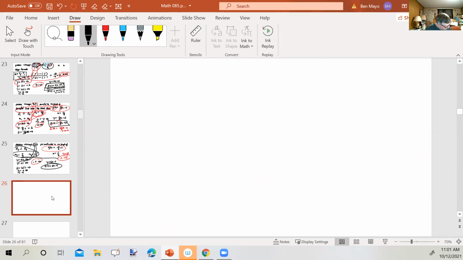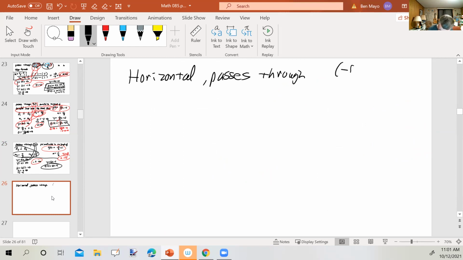Write an equation for a linear function whose graph has the given characteristics. The graph is horizontal and it passes through (-8, 12).